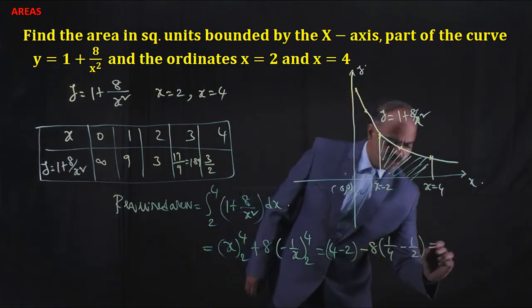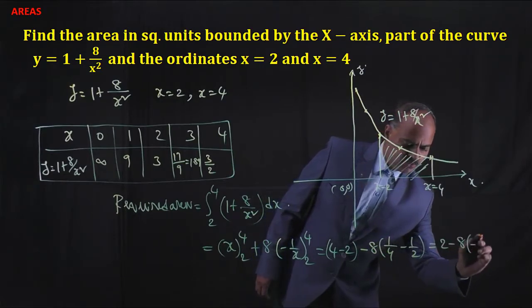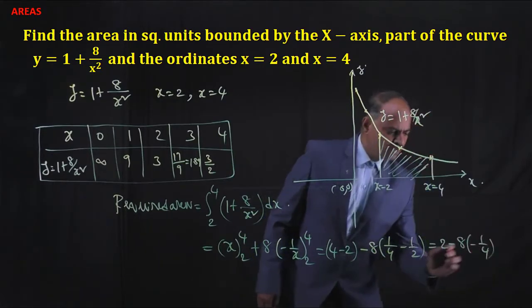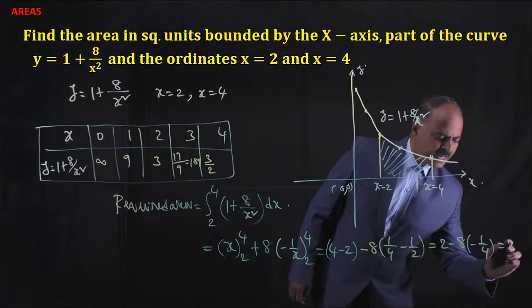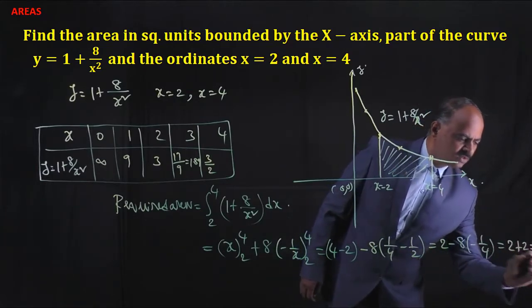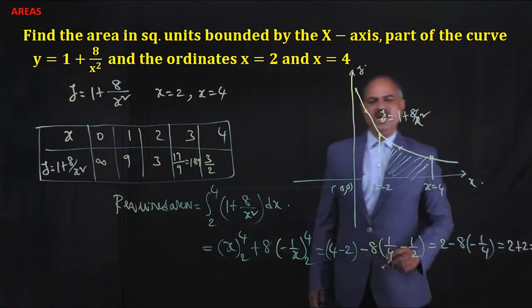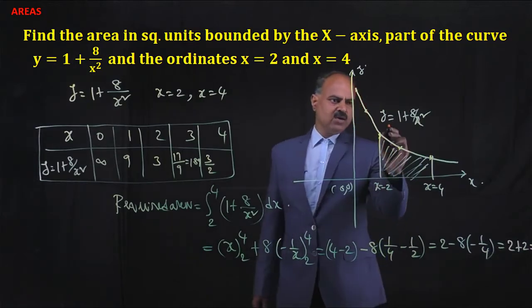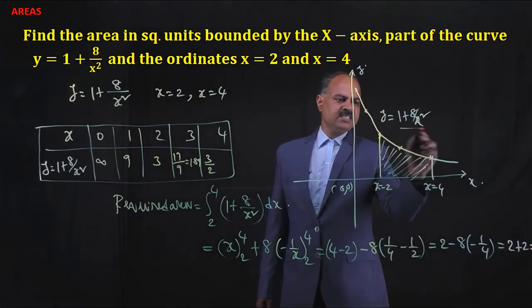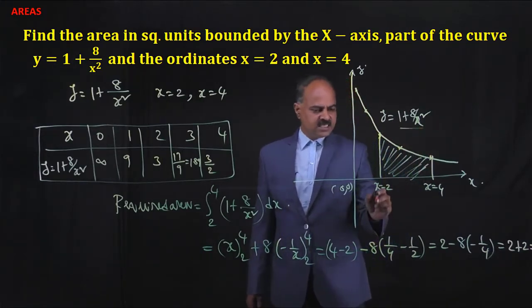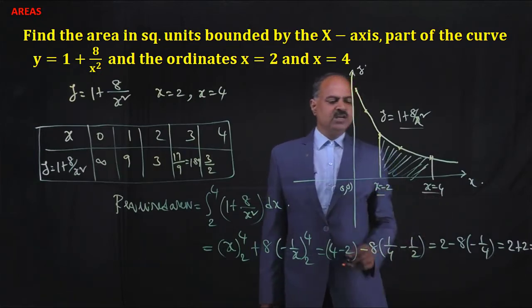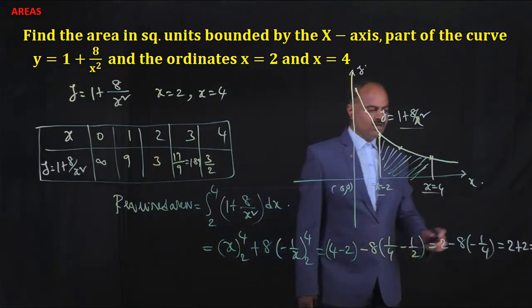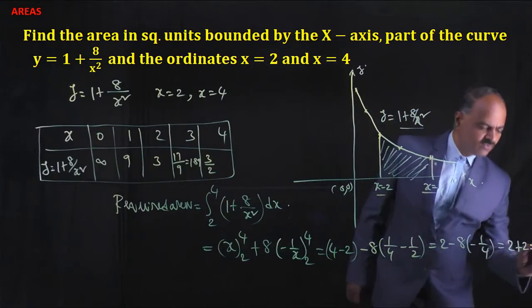Now this is equal to 2 minus 8 into minus 1 by 4. So that is equal to 2 plus 2, that is equal to 4. Therefore the area under the curve y is equal to 1 plus 8 by x square on the x-axis between the ordinates x equal to 2 and x equal to 4 is 4 square units.